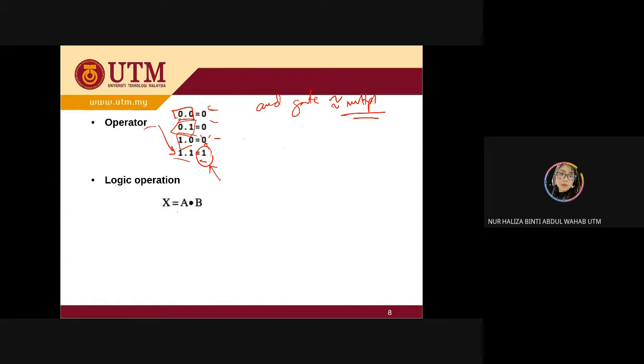So this is the representation of the logic operations, which later you're going to apply in your Boolean expression. So it is very important for you to remember the basic things first for your logic operation, because you're going to apply them in your Boolean expression later on when you have very complex Boolean expressions.